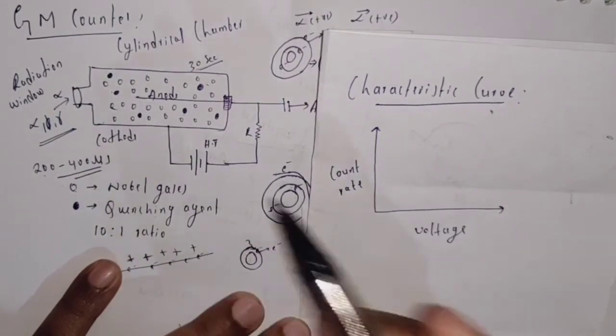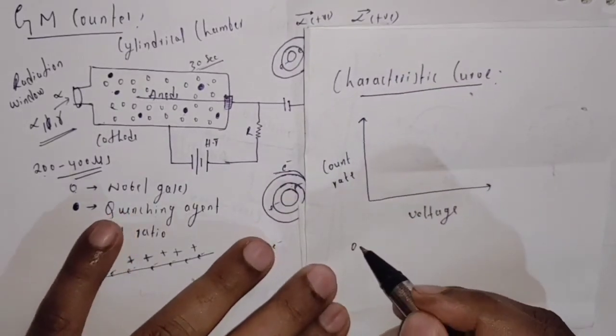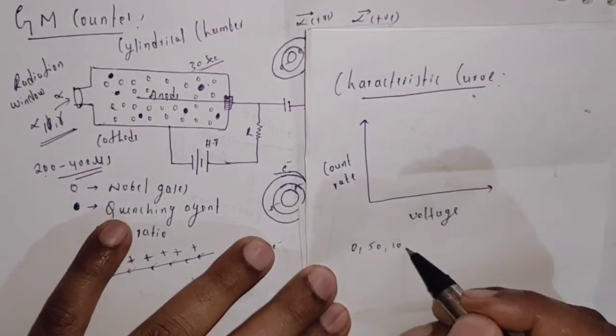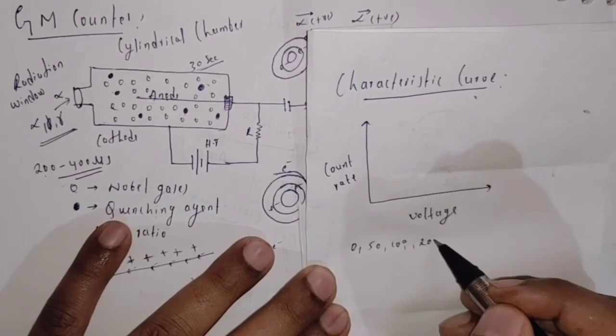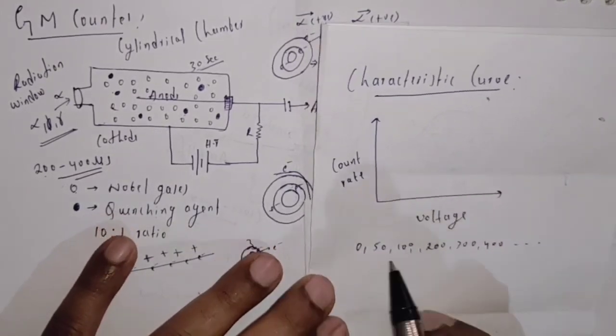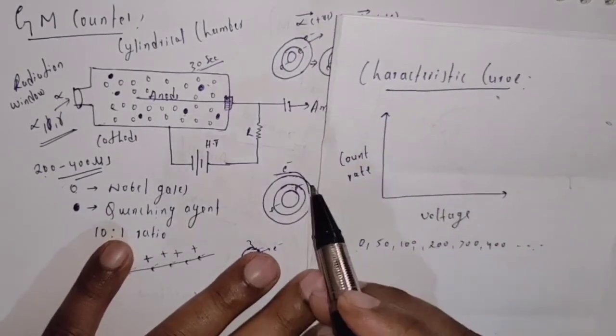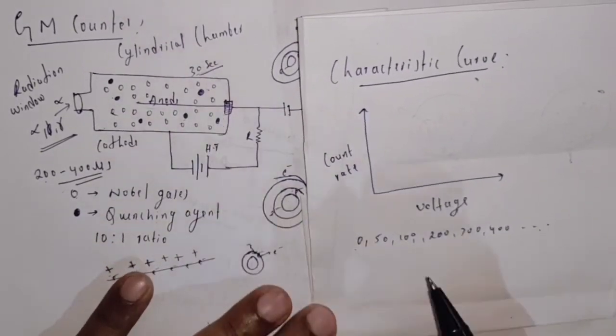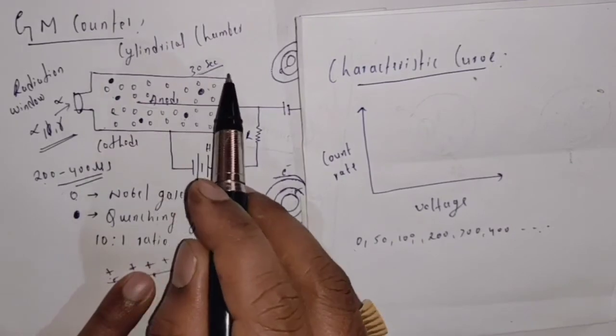I am going to change the voltage to 0, 50, 100, 200, 300, 400, and so on, and take readings for every 30 seconds.